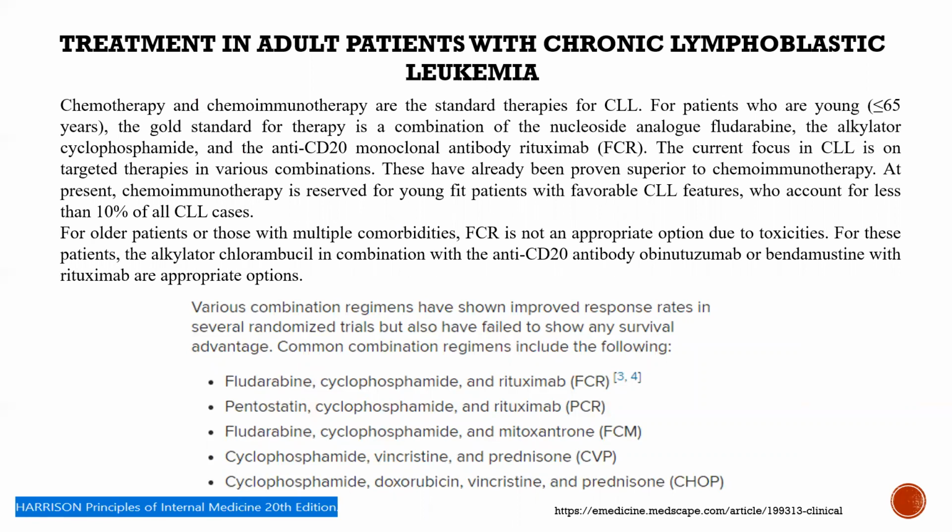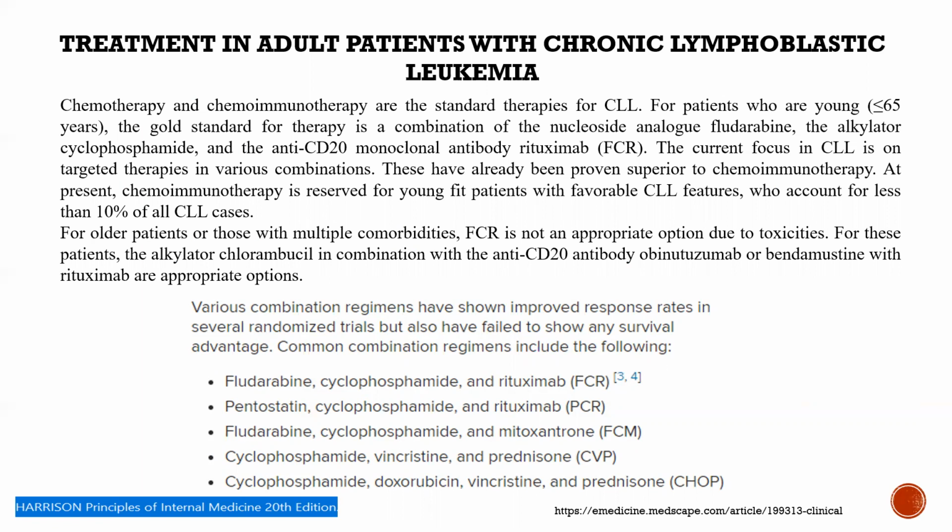The current focus is on targeted therapy of various combinations. These have already been proven superior to immunochemotherapy alone. At present, chemoimmunotherapy is reserved for young, fit patients with favorable features of leukemia, who account for less than 10% of cases.